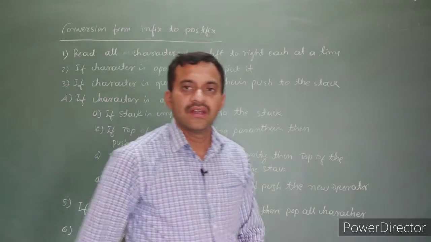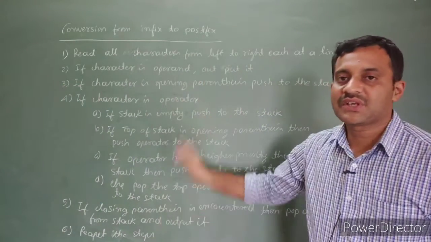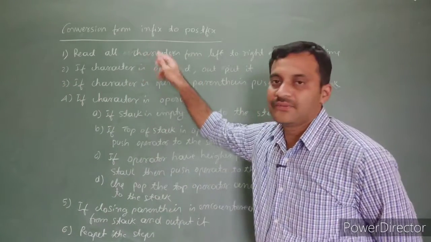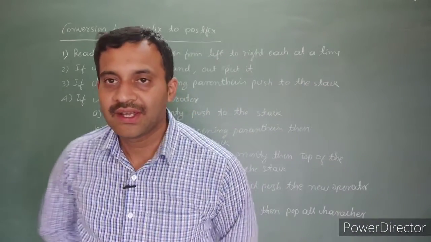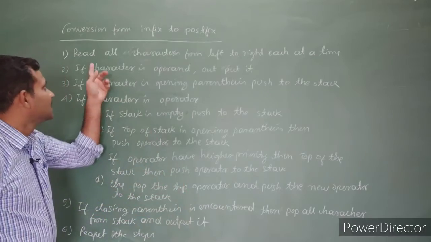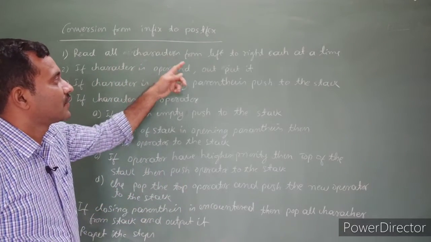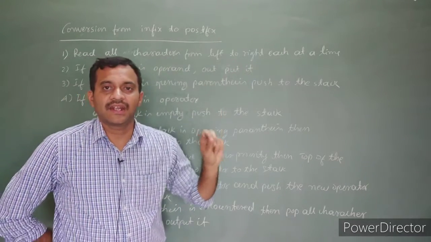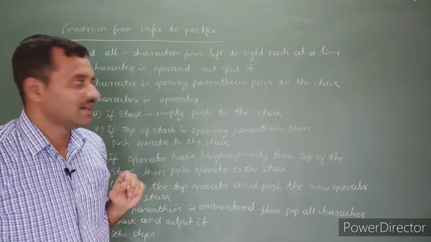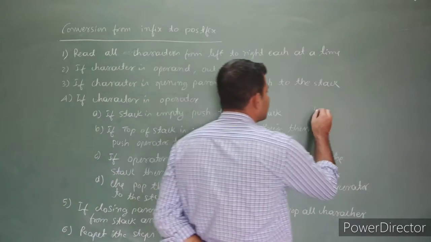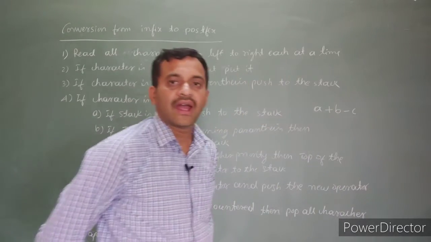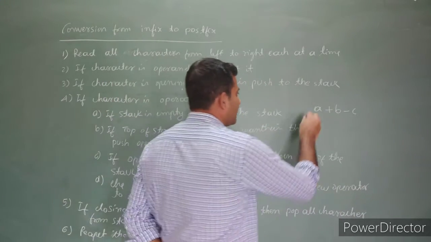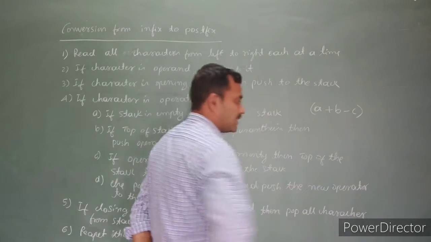So these are the algorithm, the steps, to convert infix to postfix expression. Let's see one by one in detail. The first one is to read all characters from left to right, each at a time. What is an expression? It is a collection of operators and operands, and it may be inside parentheses.